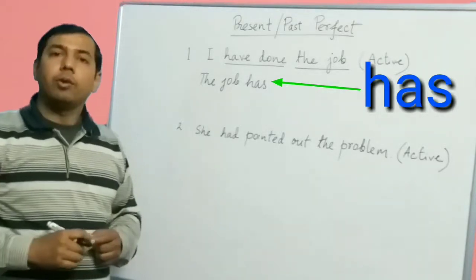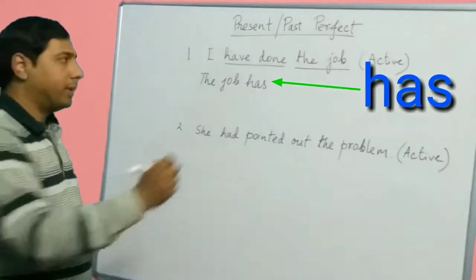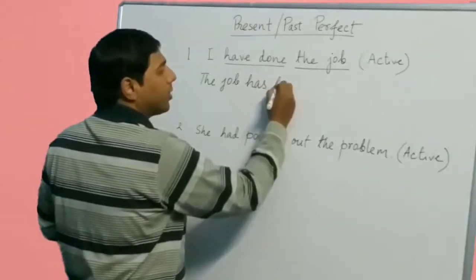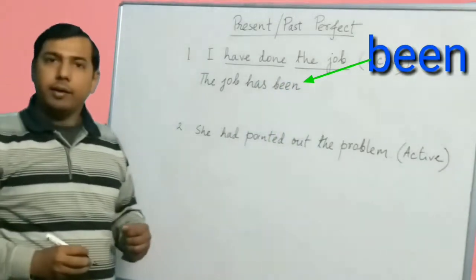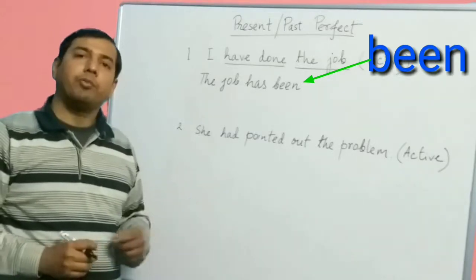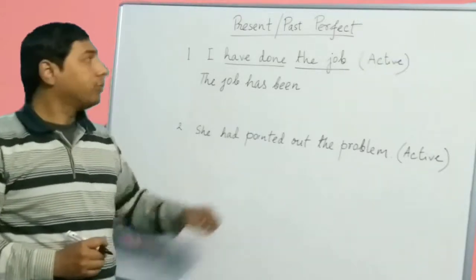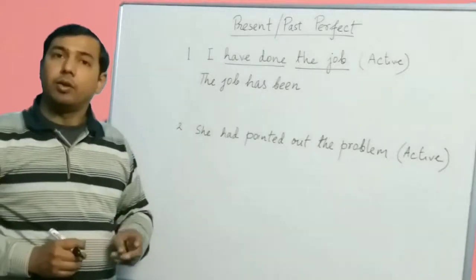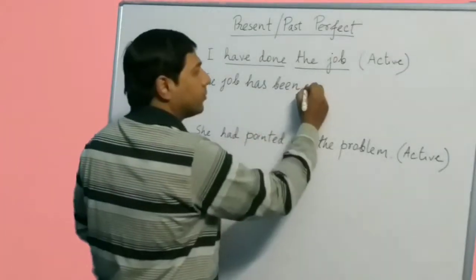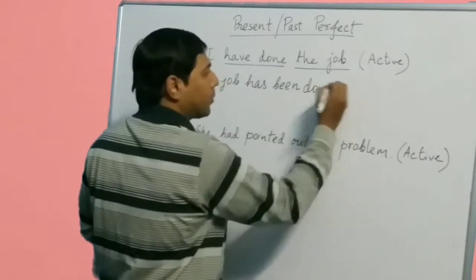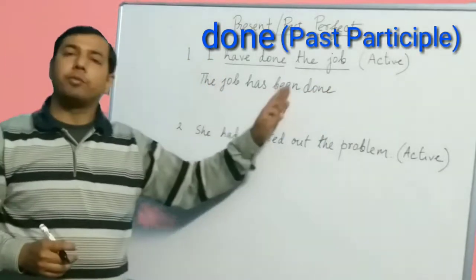Then there will be been, B-E-E-N. And the third form or the past participle form of the verb that is already present here will be put after been. The job has been done.